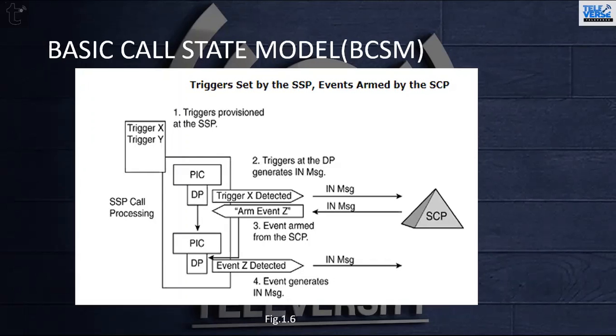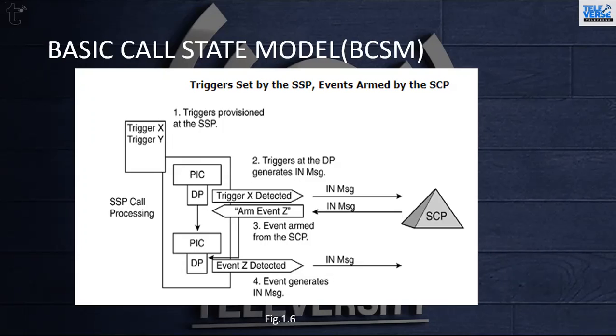Then when that event is detected, you can see event Z detected, then the message is sent back. So it's a back and forth. You detect, then you notify me, detect, notify me, back and forth like that. In all those things, you have the point in call exiting, getting to a detection point, exiting, getting to a point in call again, exiting to a DP.